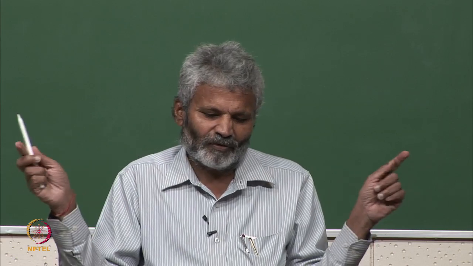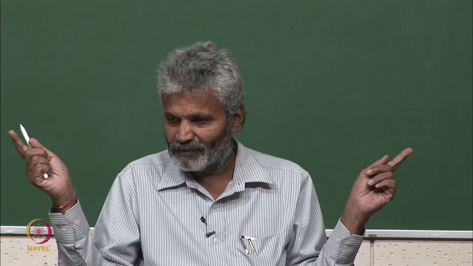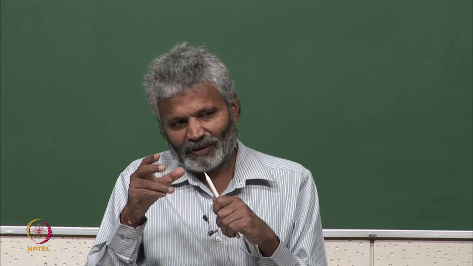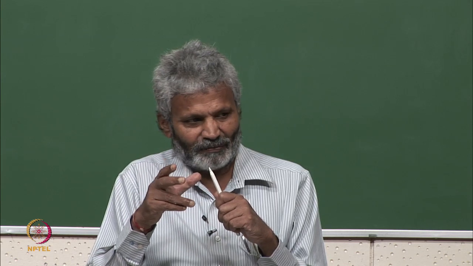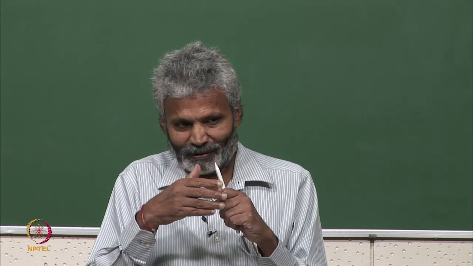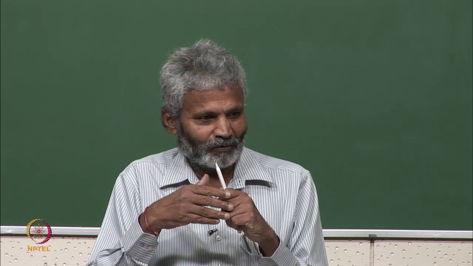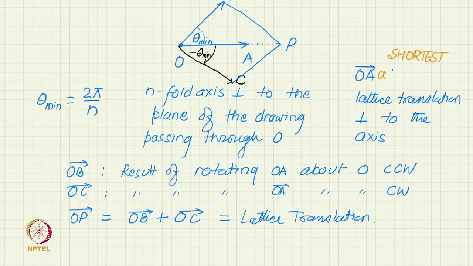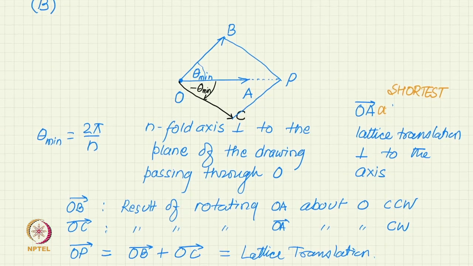So, actually there will be infinitely many lattice translations along that. But since it is a lattice, there will be a minimum lattice translation in any given direction, because you can't have a smaller and smaller and smaller going to 0. So, there will always be a shortest lattice translation. So, we should pick that particular lattice translation.